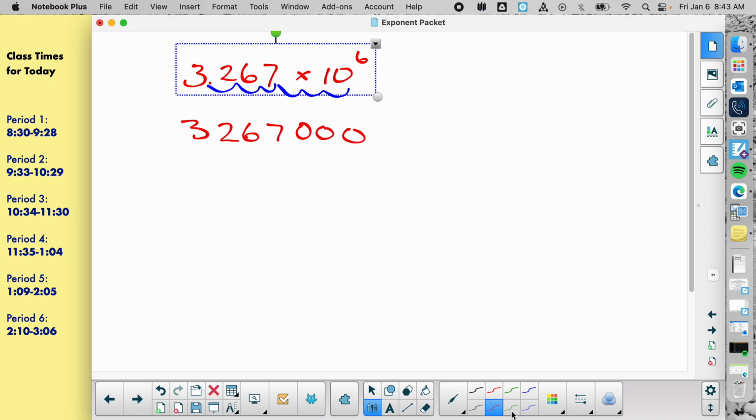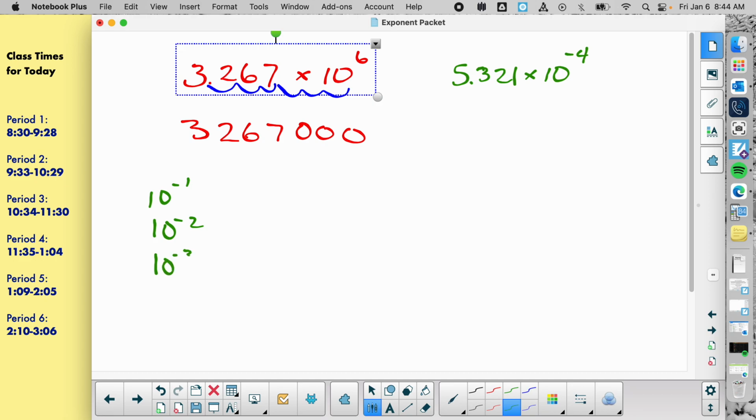Okay. What else should we do? We should do negatives. What about 5.321 times 10 to the negative 4th? I didn't talk about the negative powers yet, huh? This is tenths, like 0.1. This is hundredths, like 0.01.